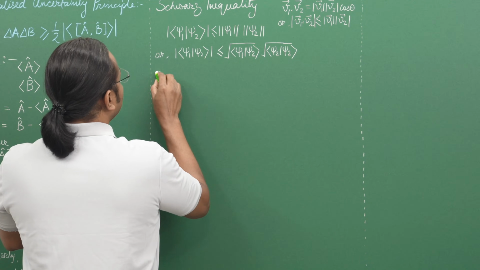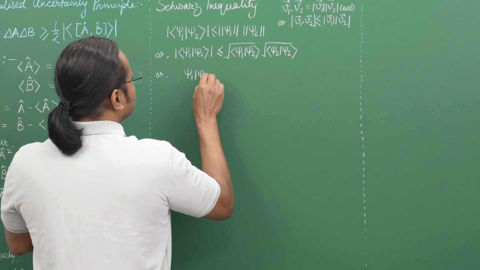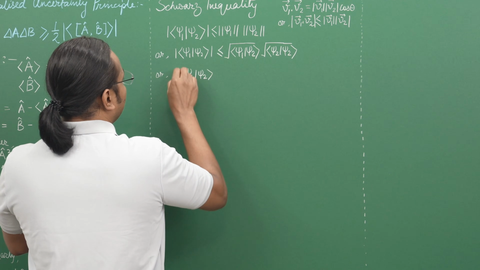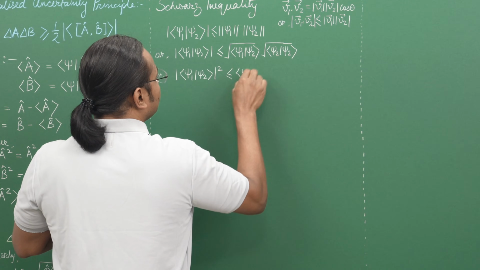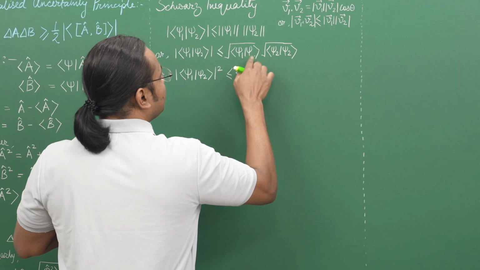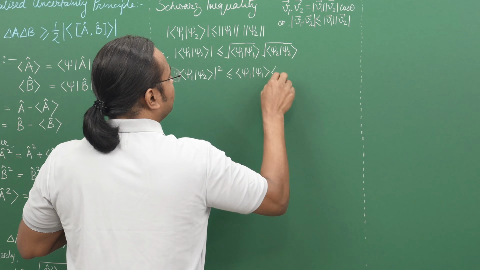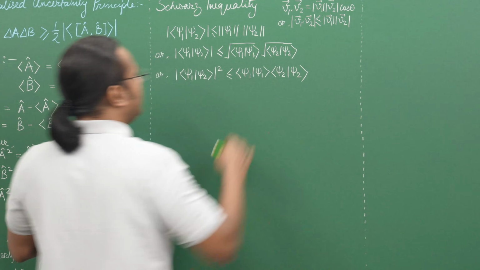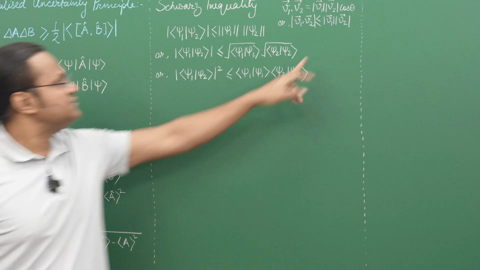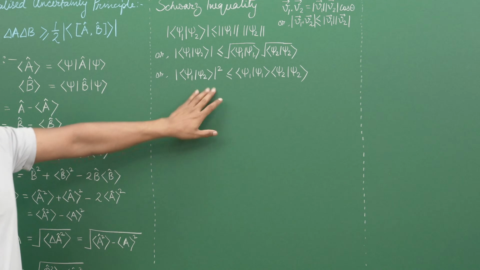This can be further simplified as: the modulus square of the inner product of psi1 and psi2 is always less than or equal to the inner product of psi1 with itself times the inner product of psi2 with itself. All right, this is the inequality, which is similar to the inequality I discussed in vector algebra, known as the Schwarz inequality.